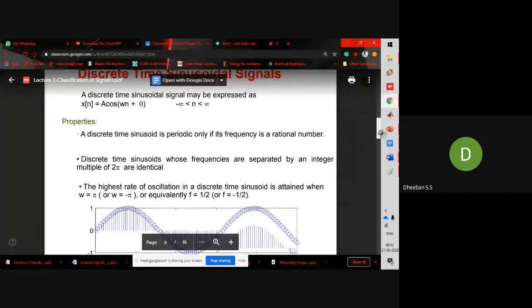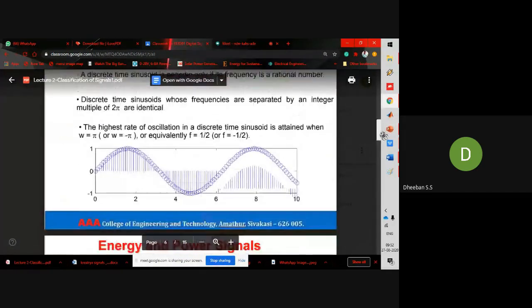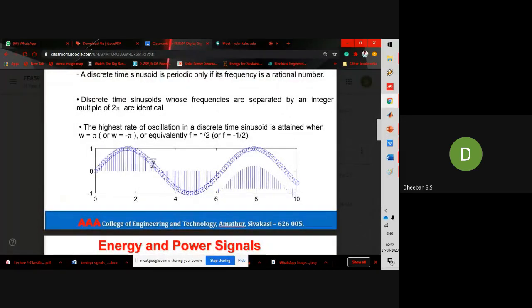For the above signal and this signal, there's a lot of difference. This signal is sampled for each time period, that is, it is sliced.